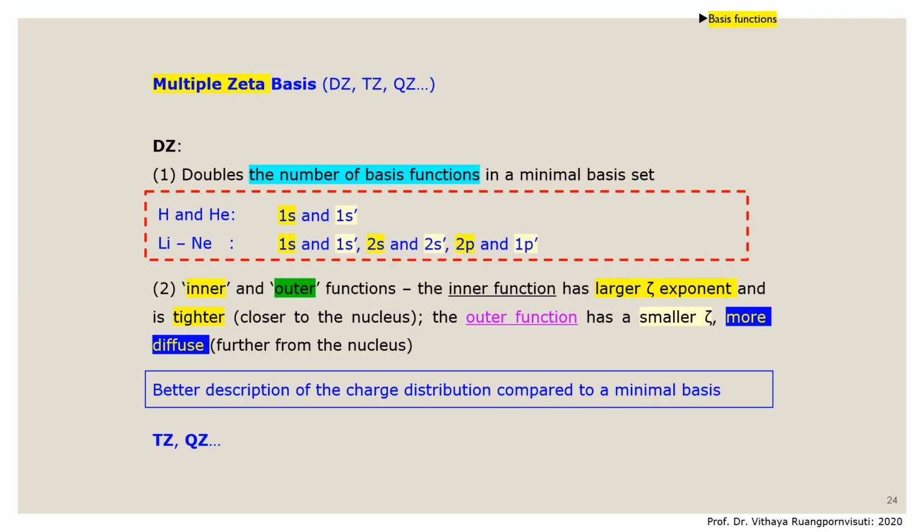The multiple zeta basis sets, such as double zeta, triple zeta, and quadruple zeta basis sets. Double zeta basis sets double the number of basis functions in a minimal basis set. The hydrogen atom and helium atom are composed of 1s and 1s prime orbitals, which become two atomic orbitals.